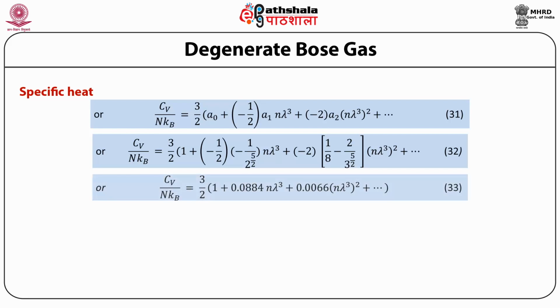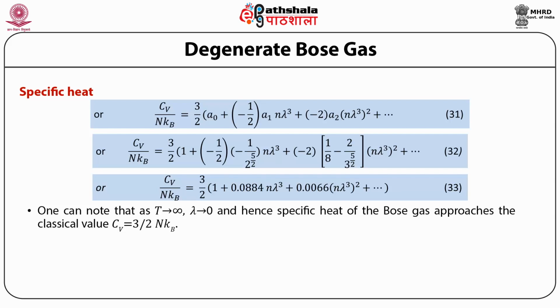So the specific heat at constant volume divided by n k_B is equal to 3/2 multiplied by 1 plus 0.0884 n lambda cubed plus 0.0066 multiplied by (n lambda cubed) raised to power 2 plus so on.